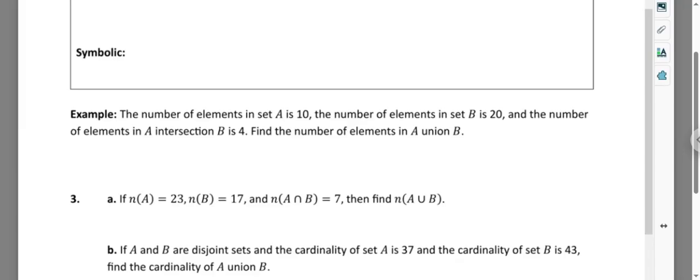So the calculations are, we're going to add the number of elements in set A and the number of elements in set B. Okay. Then we're going to subtract the number of elements in the intersection. That way that intersection doesn't get counted twice.